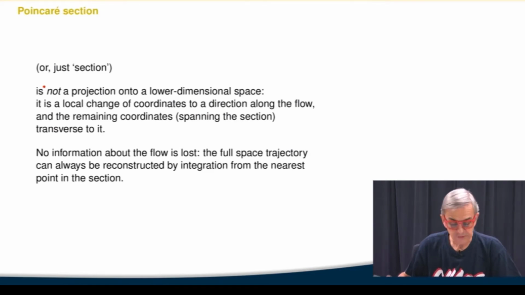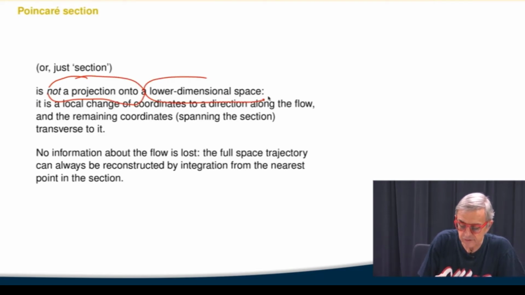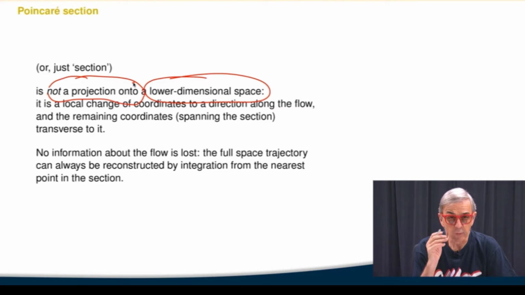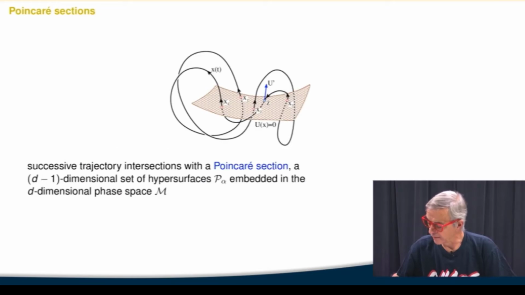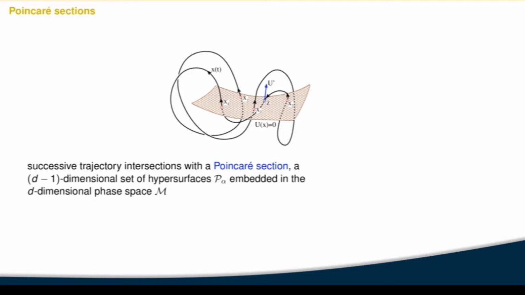One thing you have to understand about Poincaré section, it is not a projection. So what we mean by projection, it's not a projection onto lower dimensional state space. When you take a Poincaré section, you don't lose any information about the system. All you're doing is you're changing your coordinates in such a way that one coordinate, the one that goes out of Poincaré section, is called a longitudinal coordinate, and the rest are transverse.